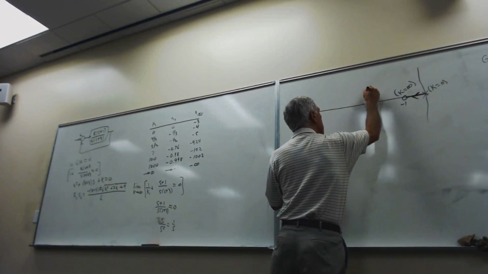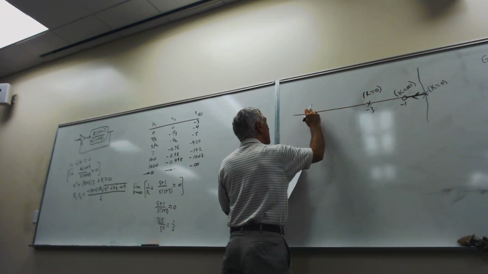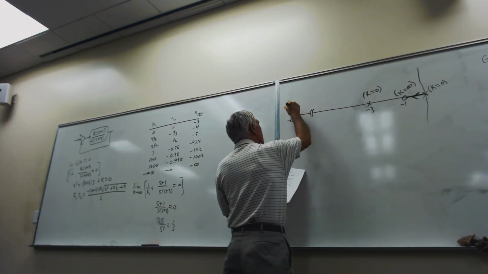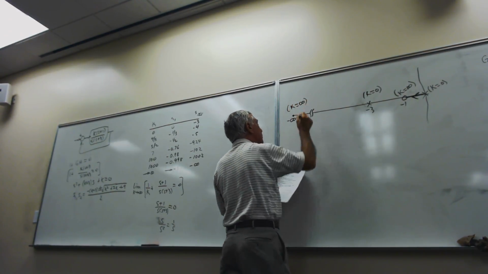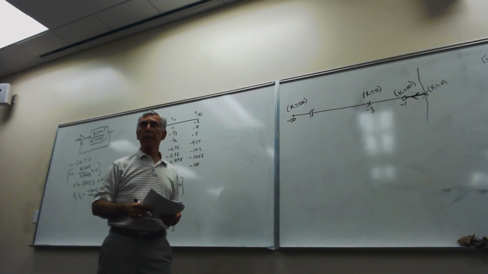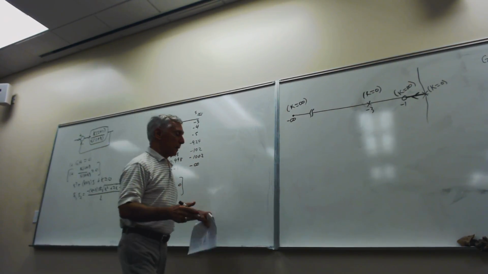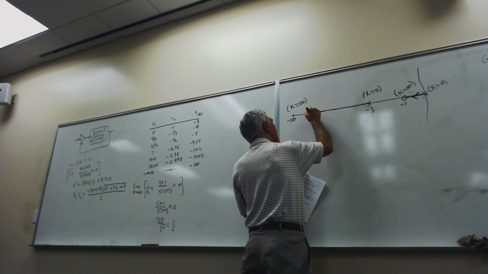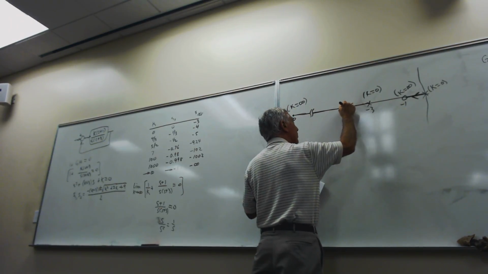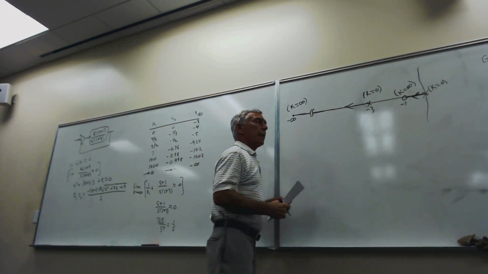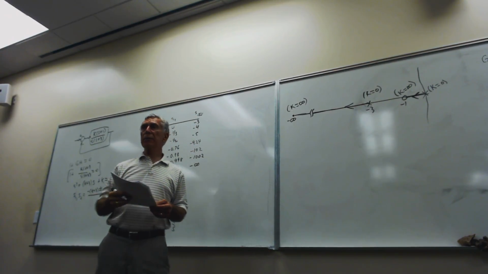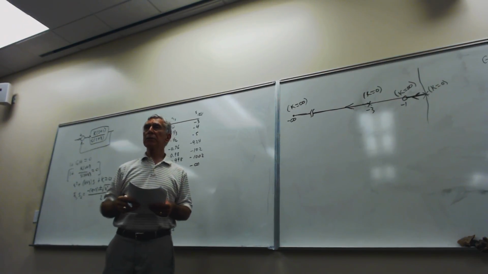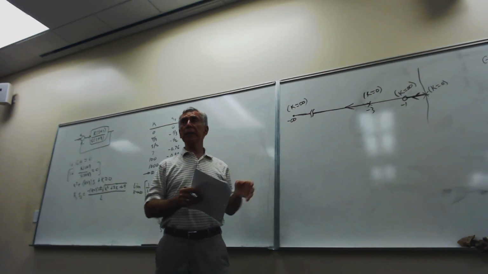As the gain k goes up, we break the axis here. At this point is -infinity, and that corresponds to k equals infinity. I make it bold here to show that this is one branch of the root locus, and this arrow shows the direction of the roots as the gain k increases from 0 to infinity.